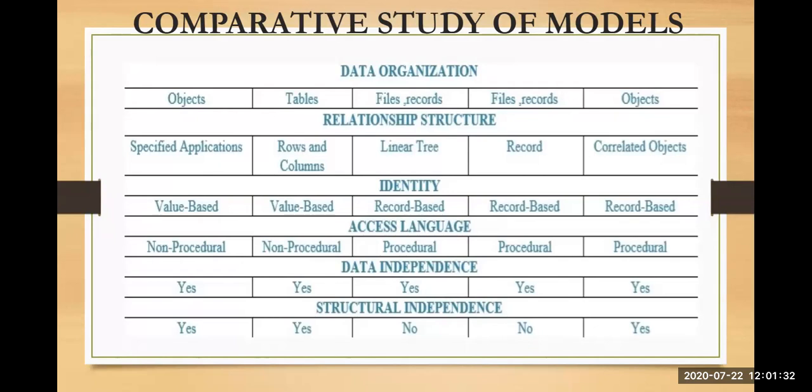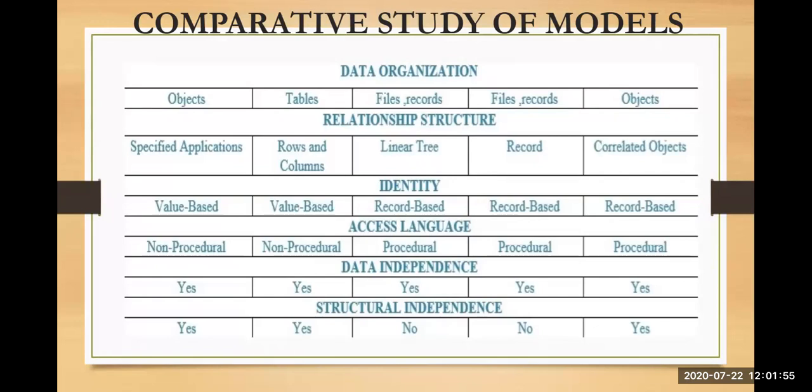Next is your data independence. When I talk about data independence, independence of data is there in all of them. There is no dependency over the data. The data is independent in nature. Last, when I talk about structure independence, the structure independence for the entity and relational models is fixed.